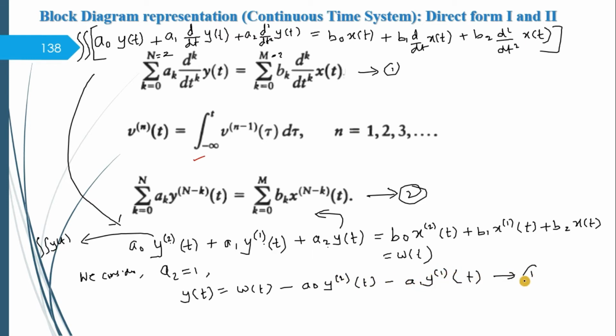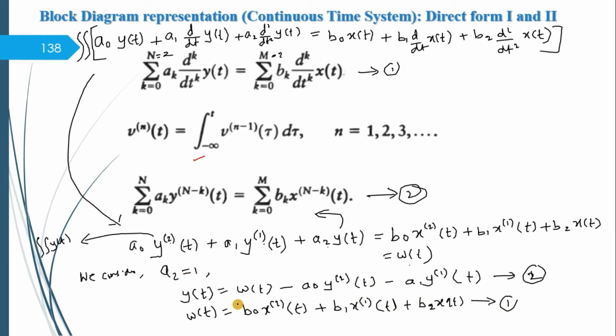So this I call equation 1 or equation 2, because this w of t is equal to so and so. That is equation 1. W of t means what? All the input cases. b naught x2 of t plus b1 x1 of t plus b2 x of t. This is equation 1. So these two equations will help me in order to write the direct form 1.